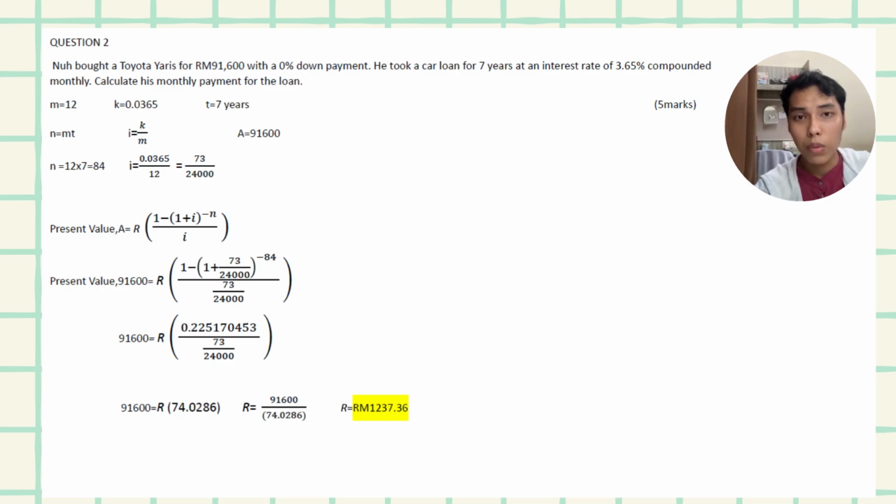Then after we solve the problem in the bracket, we will get 91,600 equals R bracket 74.0286. To find R, we need to divide 91,600 by 74.0286, and the final answer we will get is RM1,237.36.